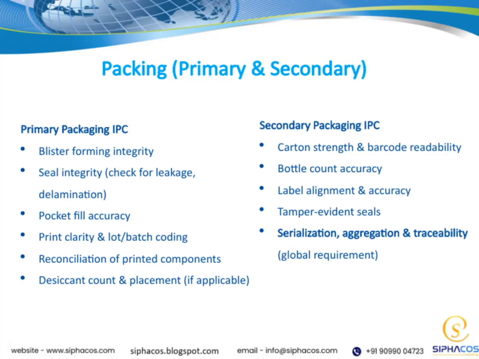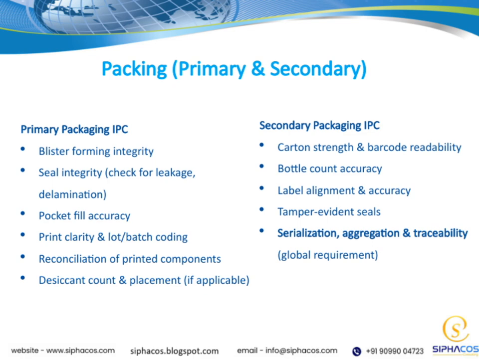Let's now turn our attention to secondary packaging IPC. Here, it's crucial to ensure carton strength and barcode readability. These factors are vital for maintaining product integrity and efficient scanning during distribution. Next, we need to verify bottle count accuracy, so every package contains the correct number of units. Label alignment and accuracy are also key.